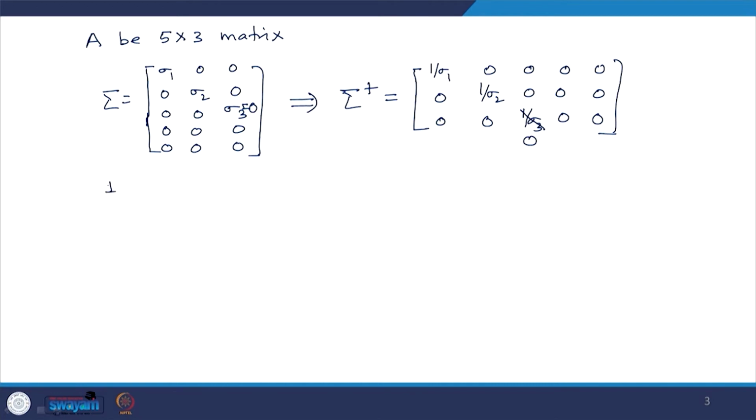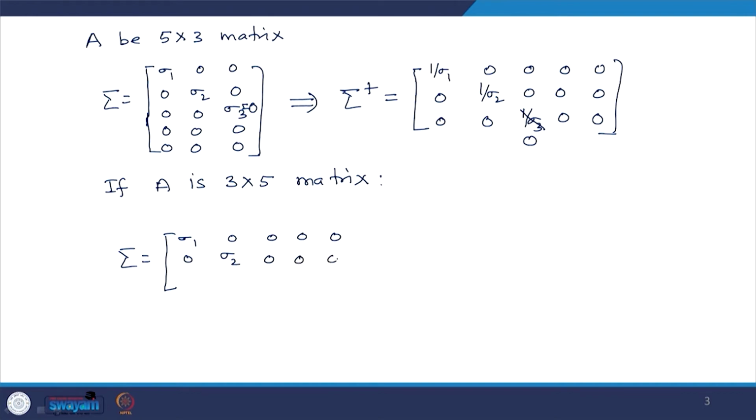Similarly, if A is a 3 by 5 matrix, in this case sigma will be 3 by 5, that is sigma 1, 0, 0, 0, 0; 0, sigma 2, 0, 0, 0; and 0, 0, sigma 3, 0, 0.